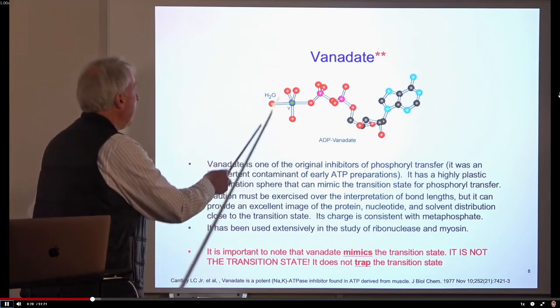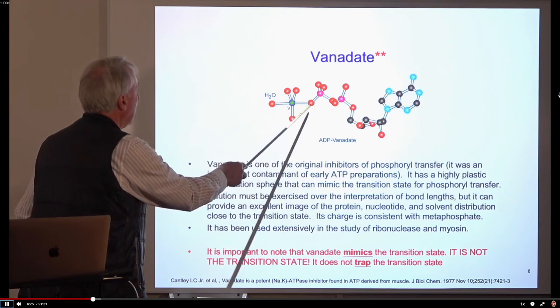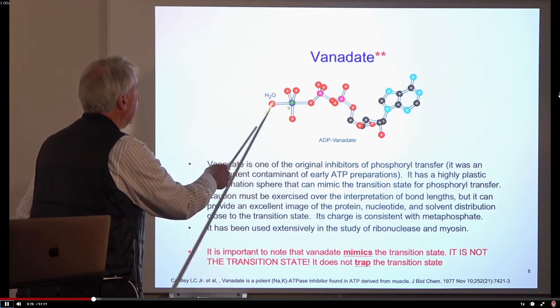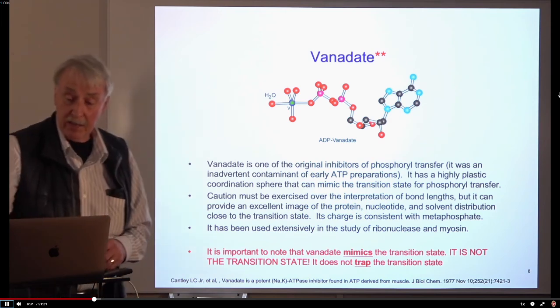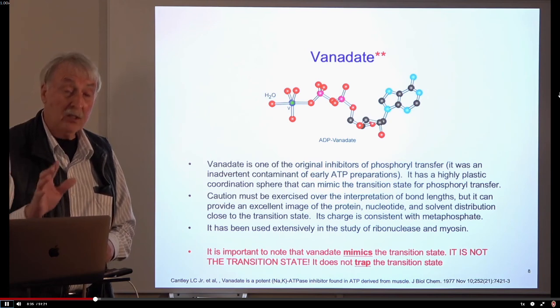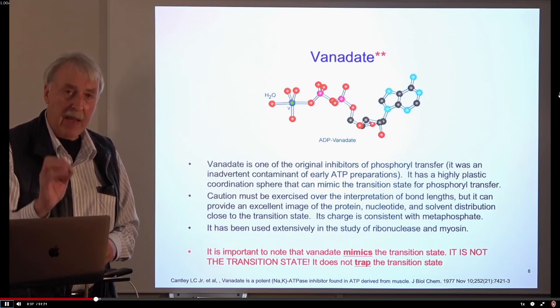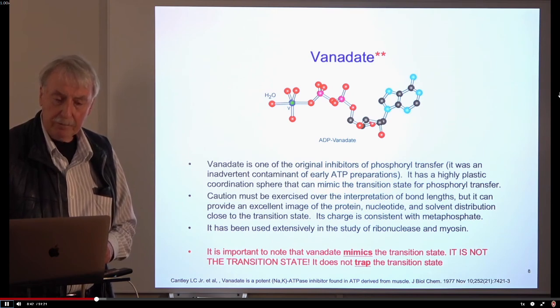You have to be careful about vanadate, because in the vanadate complex, these oxygen-vanadium distances are quite plastic, so they may not mimic exactly what you would expect to see for ATP. So the analogs are terrific. You just have to be careful about interpreting them and not interpret them too far.